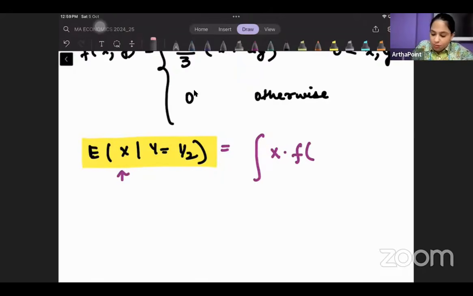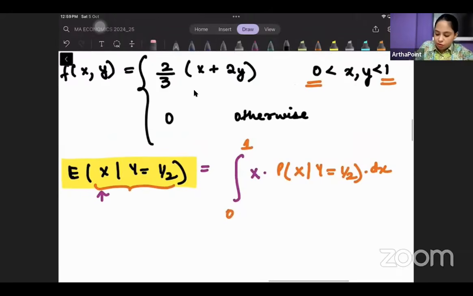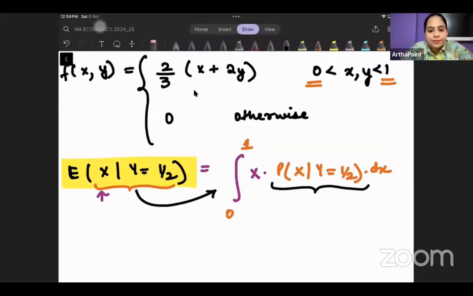But which probability will we take here? This one: x into the probability of x given y is half dx, integrated for x between 0 and 1. This will be the formula of expected value. Here we are finding a conditional expected value, which is why I have taken the conditional probability.